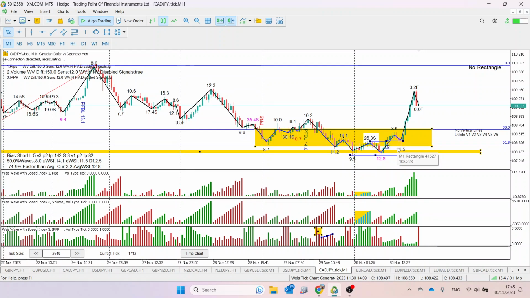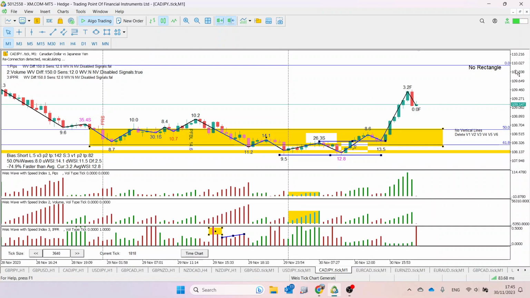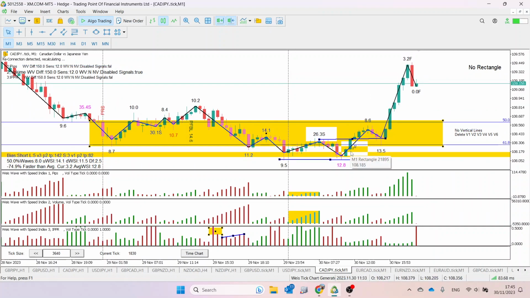At the same time, the Plutus signals of Weis Wave with speed index provide us a long signal, a Plutus long. That's the Plutus long signal right here. Let me just mark it, this one, PL. Let me zoom in so you can see better. That PL here is the Plutus long signal. And up we go after that, with some small retracement that never went back into this range.